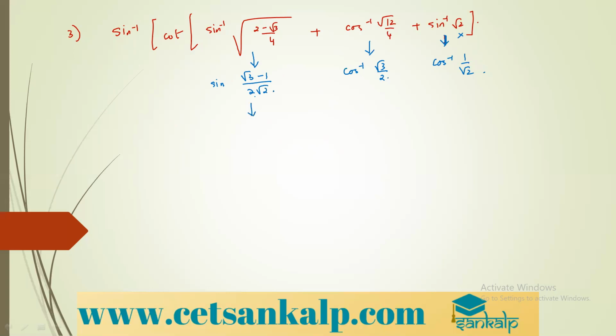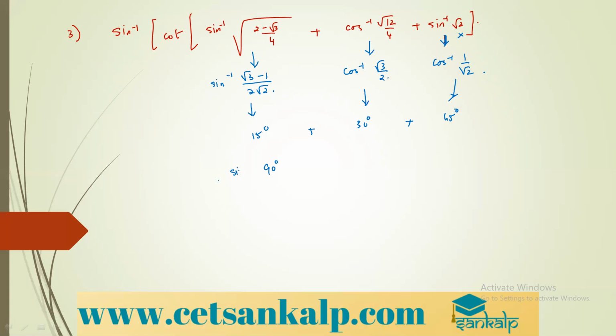So this will be the angle 15 degrees, this will be the angle 30 degrees, and this will be the angle 45 degrees, which you are adding. So in total you will get 90 degrees.